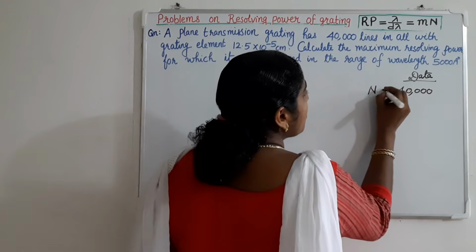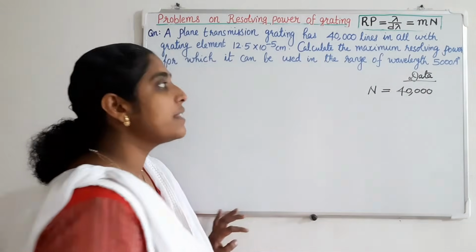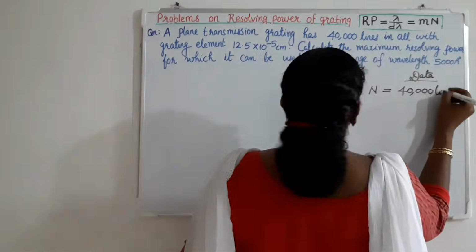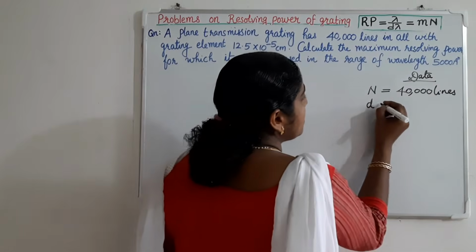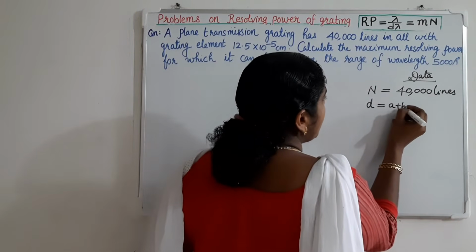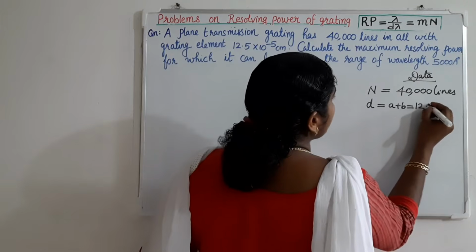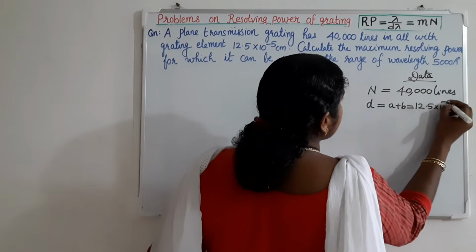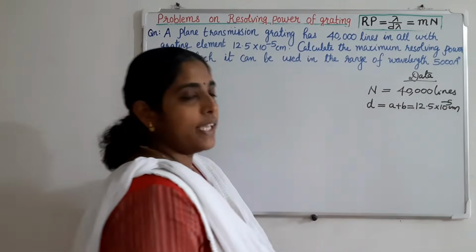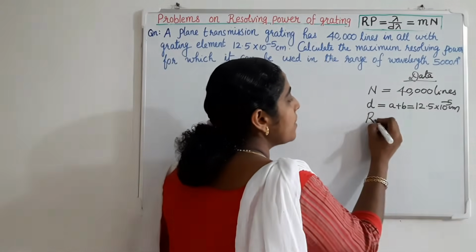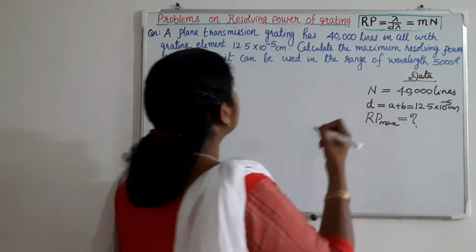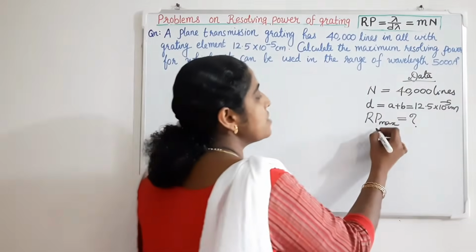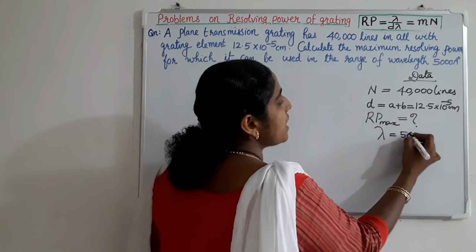So the total number of lines on the grating is 40,000 lines. The grating element means d, that is a plus b, is equal to 12.5 into 10 raised to minus 5 centimeter.